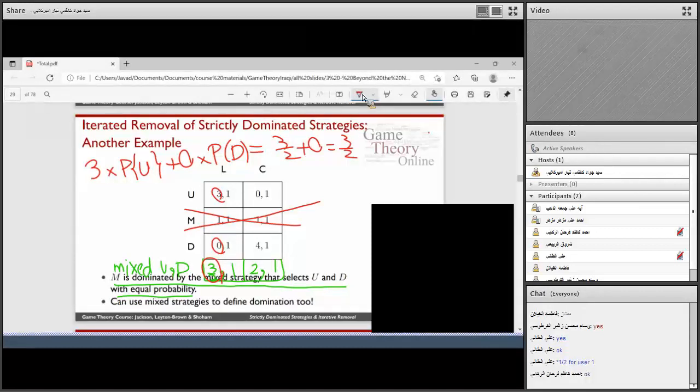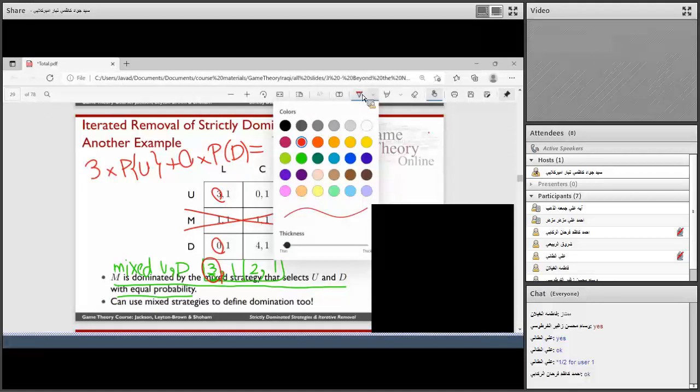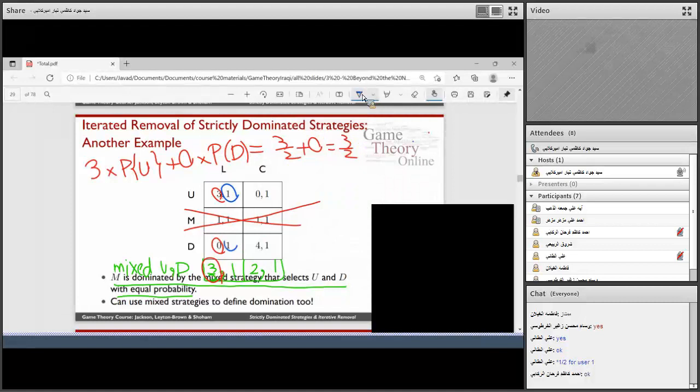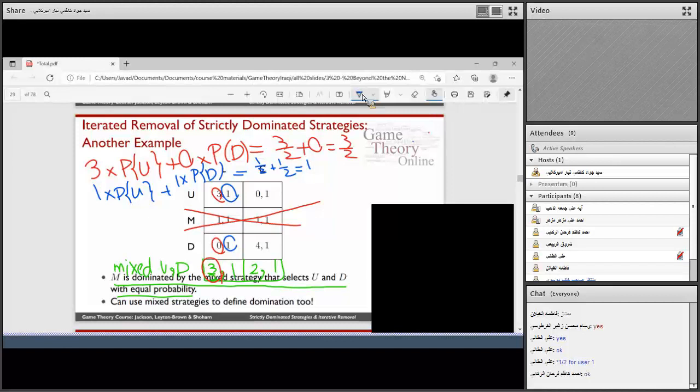That explains this 3 halves. Then go after the 1 and 1. Now 1 times P of U plus 1 times P of D equals 1 half plus 1 half equals 1. That explains this one.